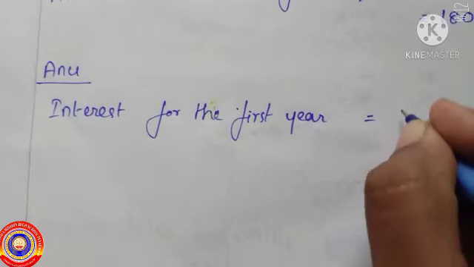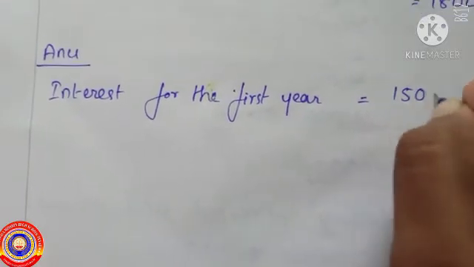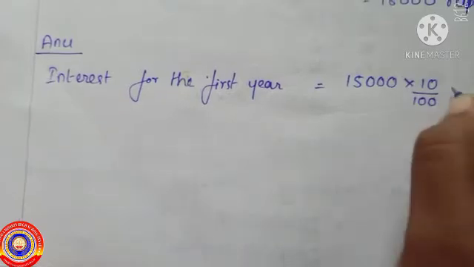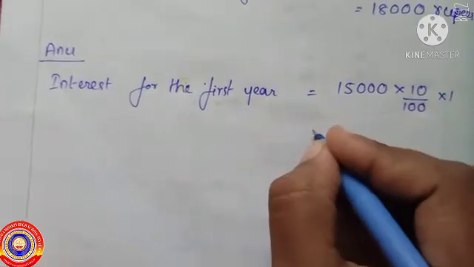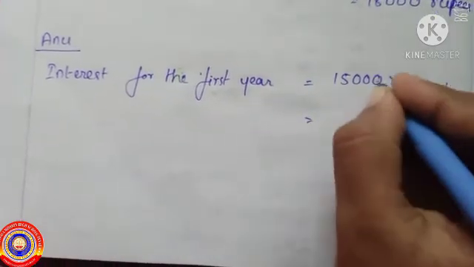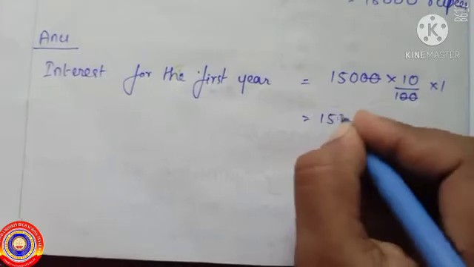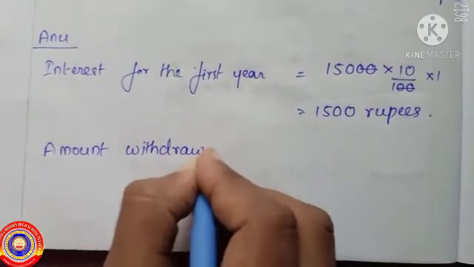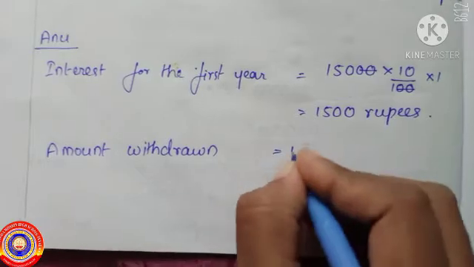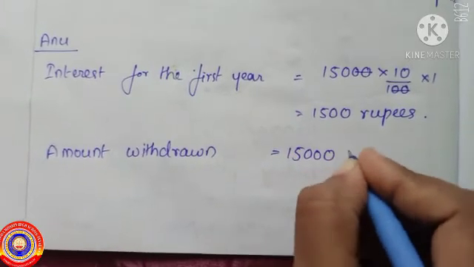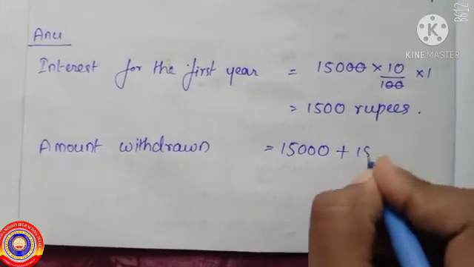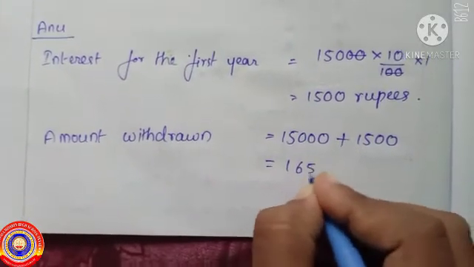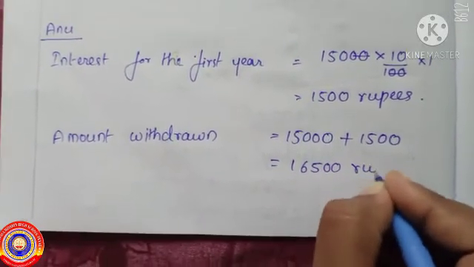Next, the interest Anu had got for the first year is equal to 15,000 into 10 by 100 into 1. It's for 1 year only. That is equal to 1,500 rupees. Amount withdrawn is equal to 15,000 plus 1,500, which is 16,500 rupees.